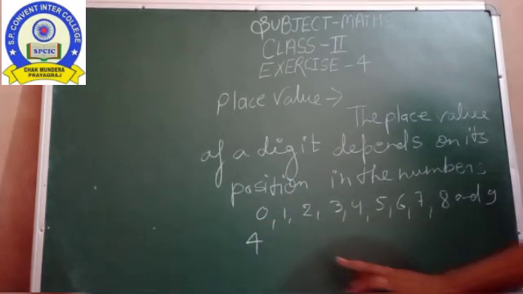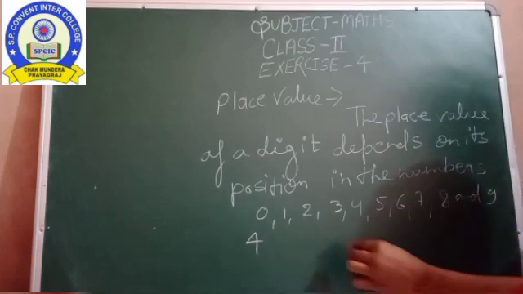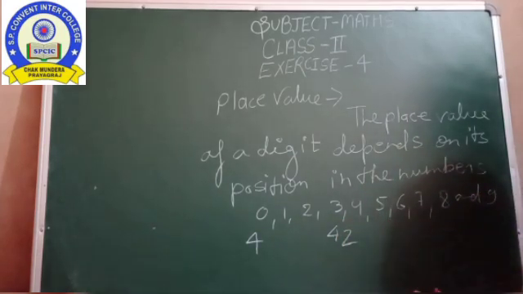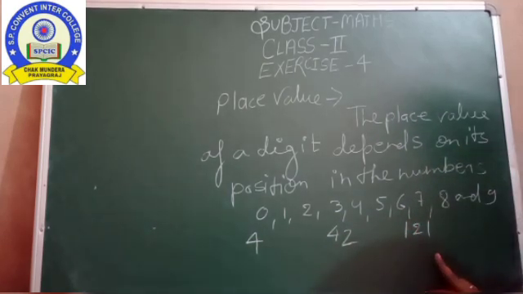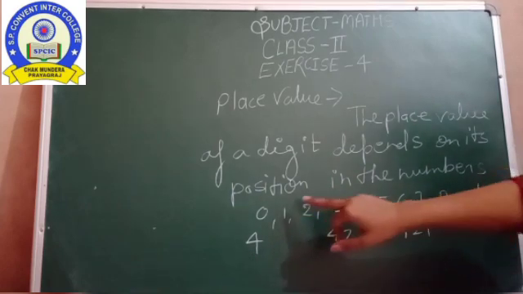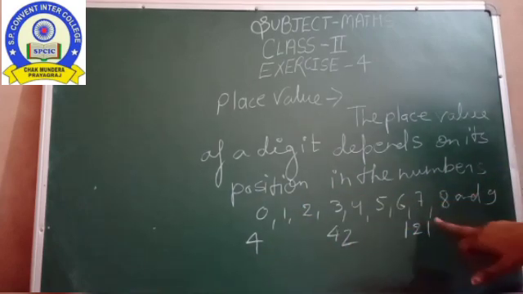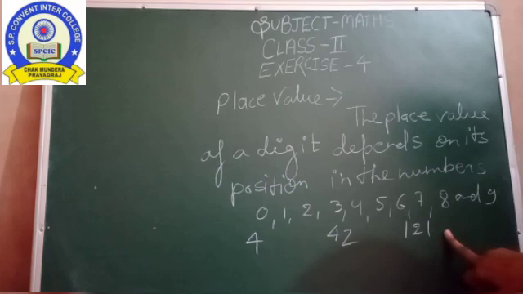This is a one digit number, this is a two digit number and this is a three digit number. Clear?